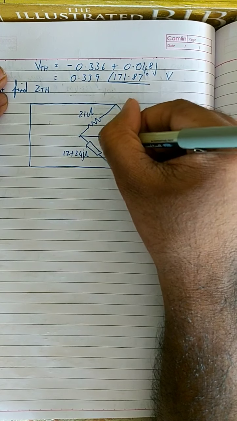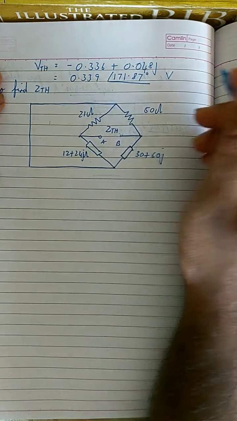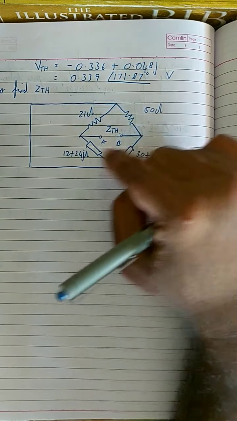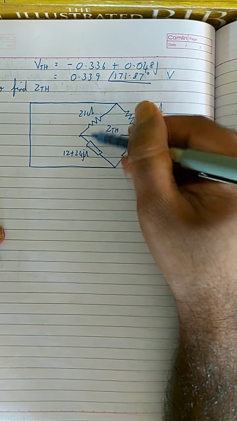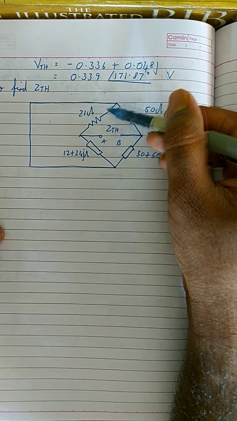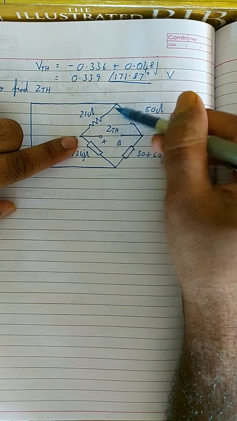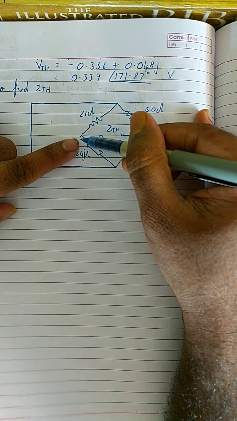The impedance across A and B is ZTH. Like I said, these two impedances are parallel to each other, because one end of the resistor is over here, and the other end is connected to the same end as this 12 ohm, and here also the same end.